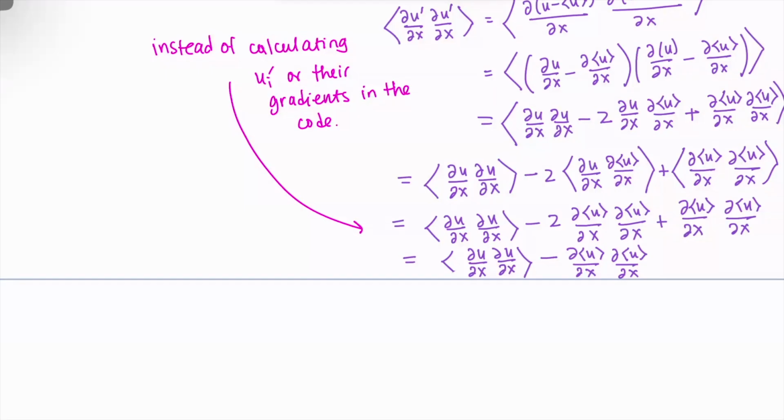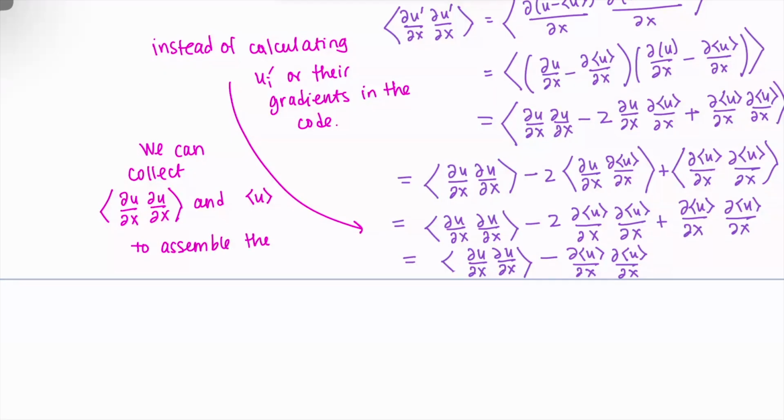We will use then, we can collect partial u partial x, partial u partial x, and the average velocity to assemble the dissipation term.